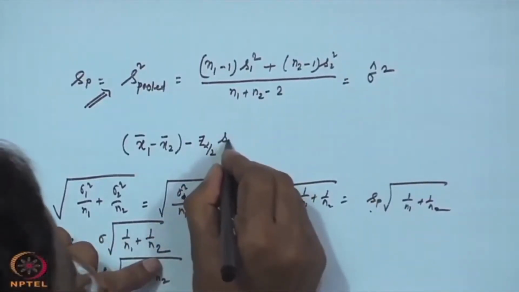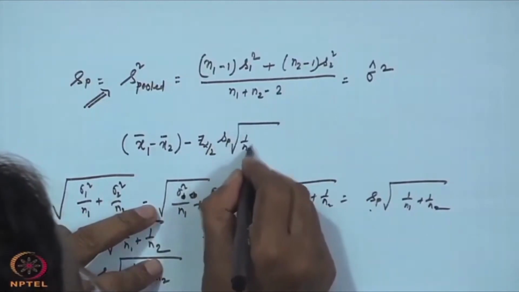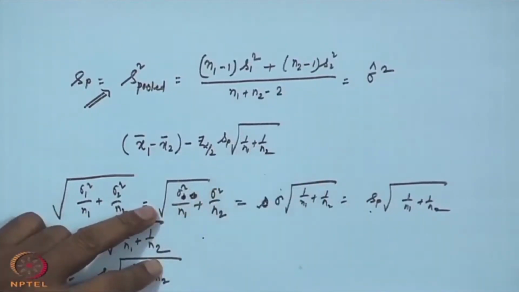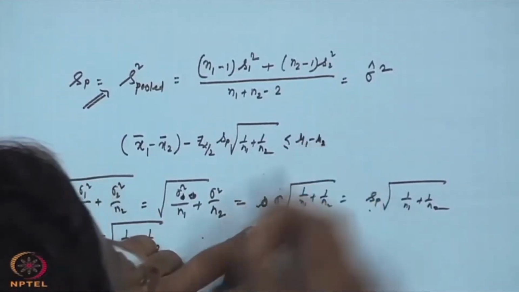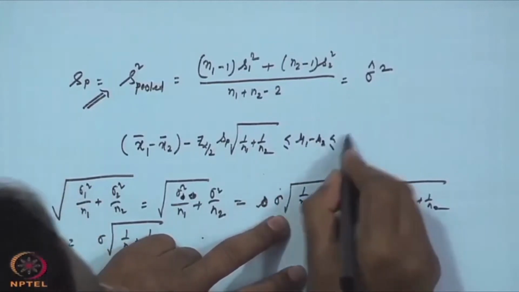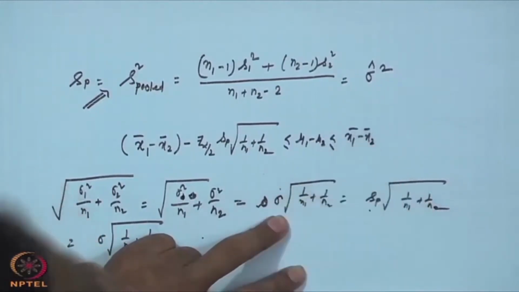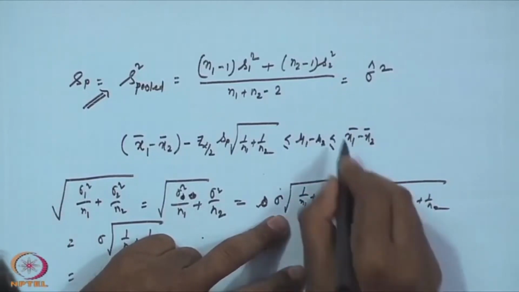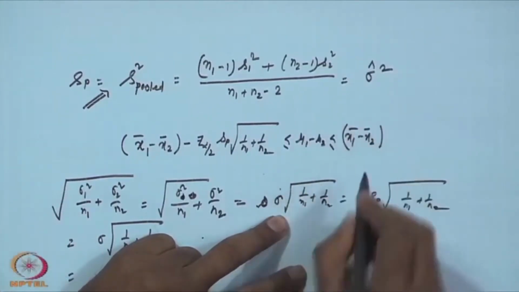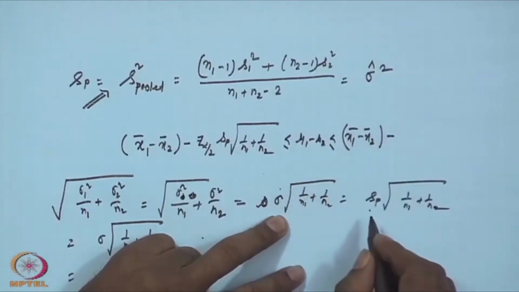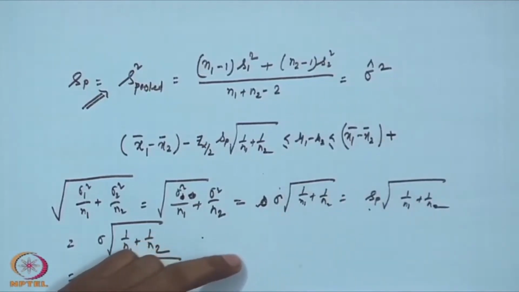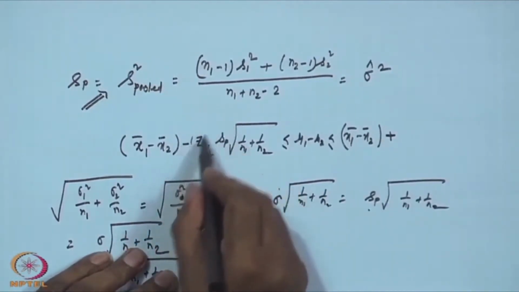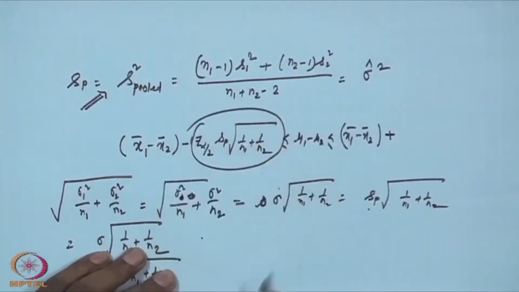So, I will write here SP square root of 1 by n1 plus 1 by n2, this less than or equal to mu 1 minus mu 2 less than or equal to x1 bar minus x2 bar, correct? Then, not minus, you write plus. I think you can write the rest of the portion, that means plus this one, this will come here, plus this.